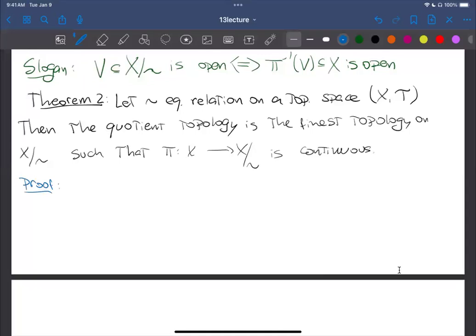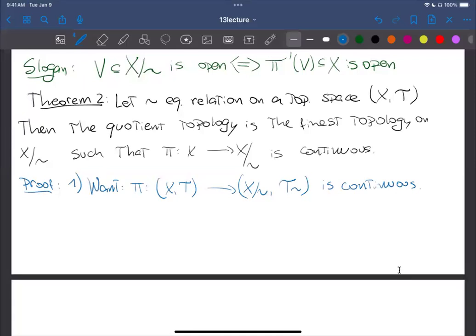So part one is we need to show that if you consider the quotient topology on the quotient set, then the quotient map is continuous for this topology. Okay, so this is what I want to show.